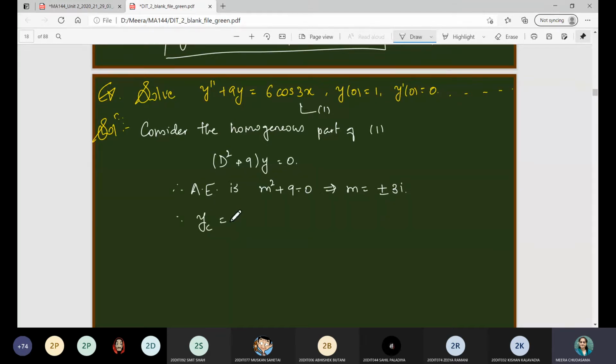What should I write here? yc as c1 cos 3x, very good, plus c2 sin 3x. I will not come in the sin 3x, right? No, it will not come.